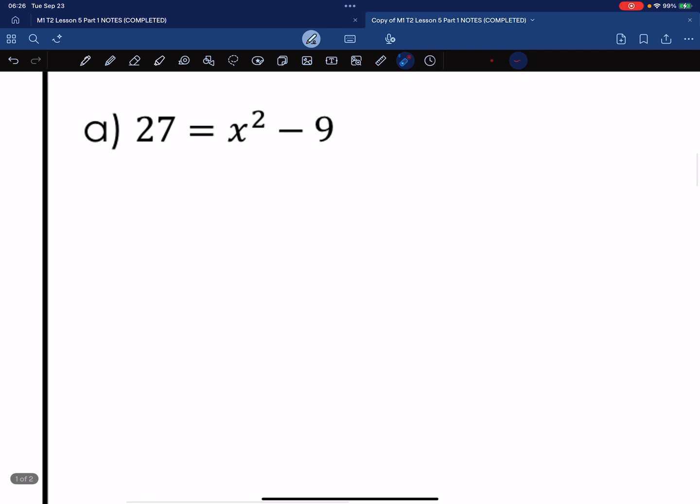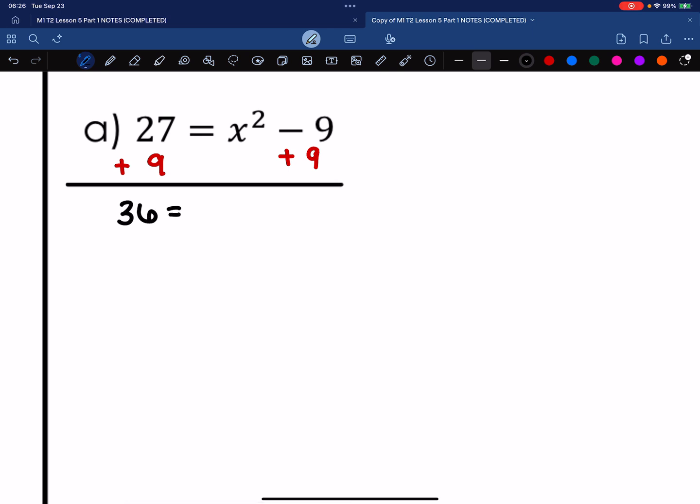So what that would look like in this case is you would start by adding 9 to both sides. 27 plus 9 is 36. And then to undo something that's squared, you will square root both sides.